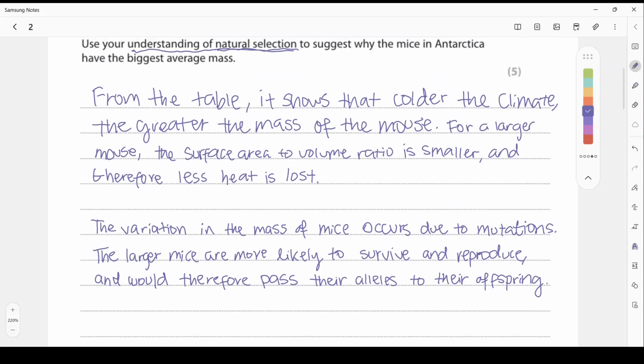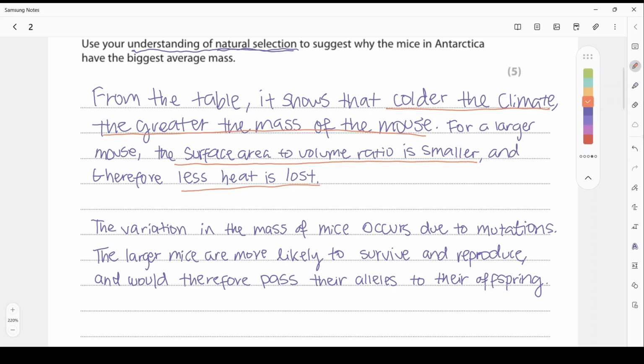All right, let's go over the marking scheme. So 1 mark for noticing the trend, which is the colder the climate, the greater the mass of the mouse. Another mark is for less heat loss due to the surface area to volume ratio being smaller. Another point you can also add is the greater the mass, the greater the insulation that mouse would have.